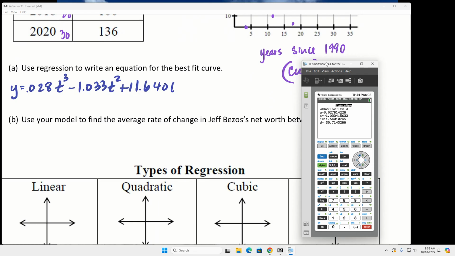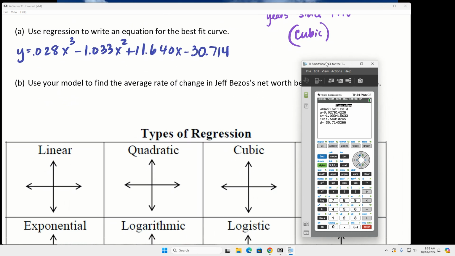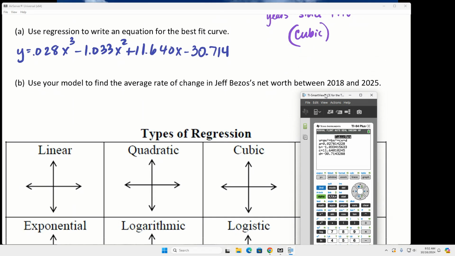I probably should use X instead of T. Last class I used T. It doesn't matter, but we need to be consistent. All right, and then I'll let you guys get that written down.